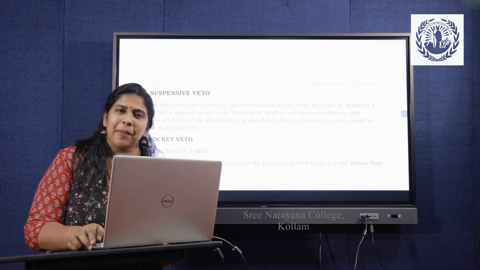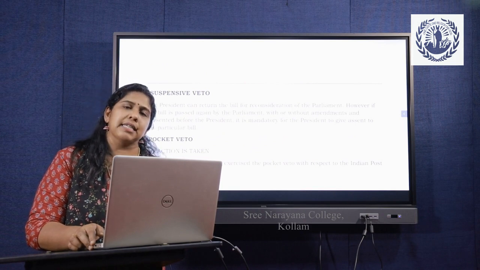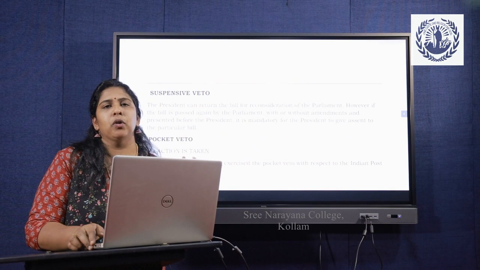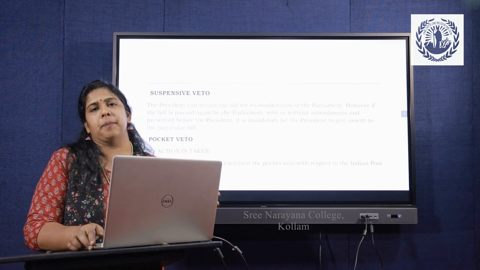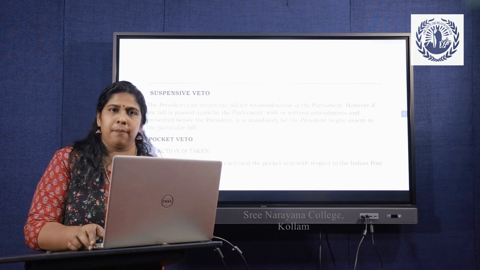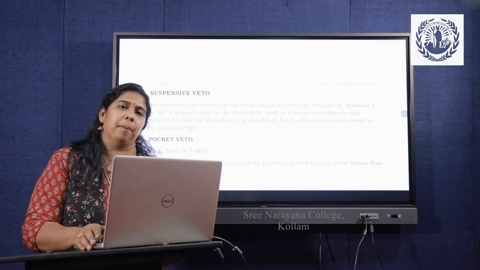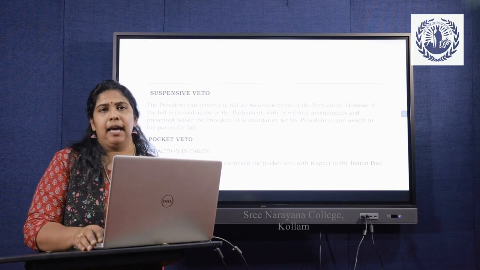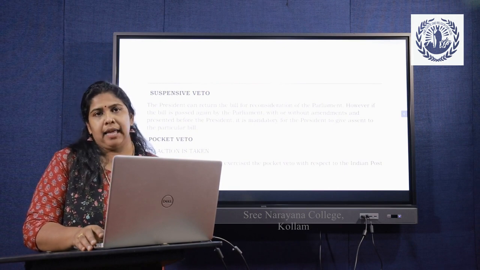Second one, suspensive veto. Suspensive veto means a bill is considered in the parliament, both houses give assent and pass the particular bill, and it is sent for the President's consideration. The President can return the bill and ask the parliament to reconsider it.